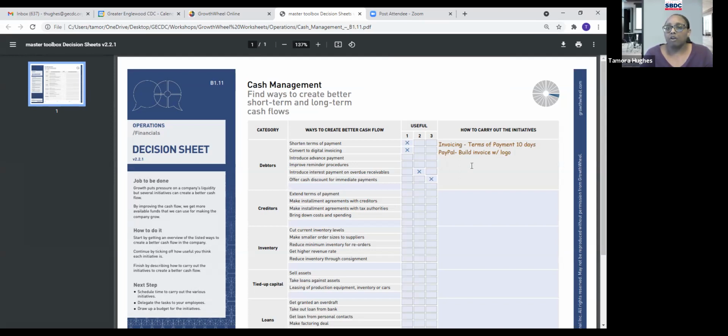And then, if there are invoices that are overdue, you may set a policy for overdue receivables, so that you can share it with your client and it's no surprise.